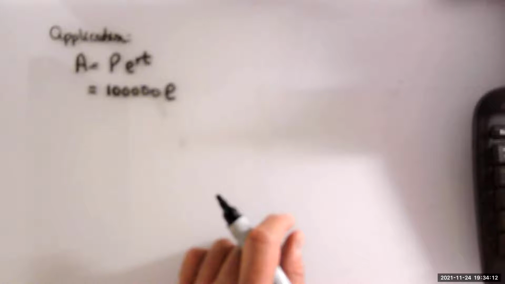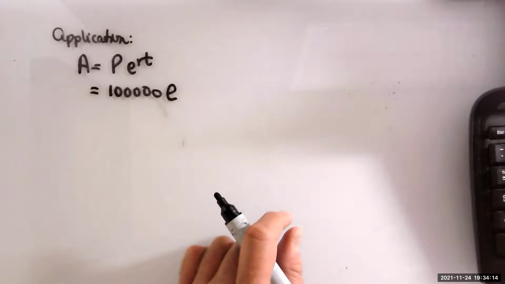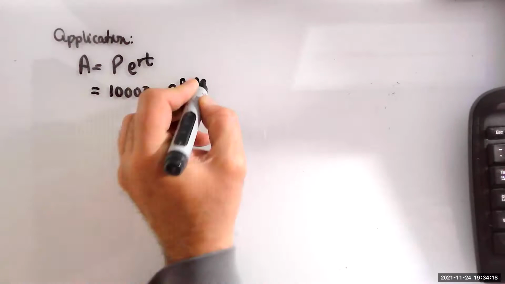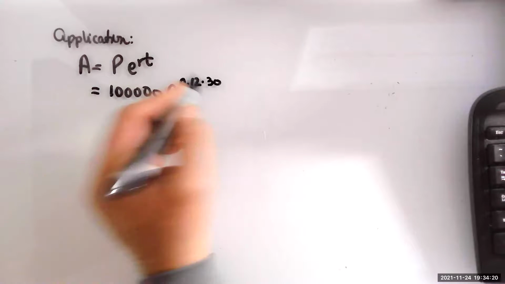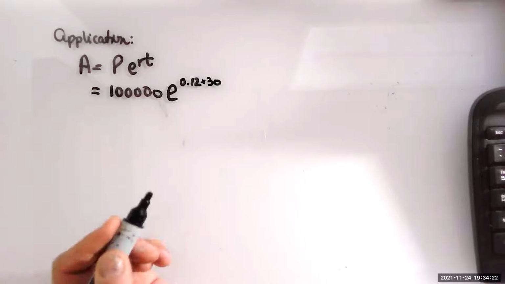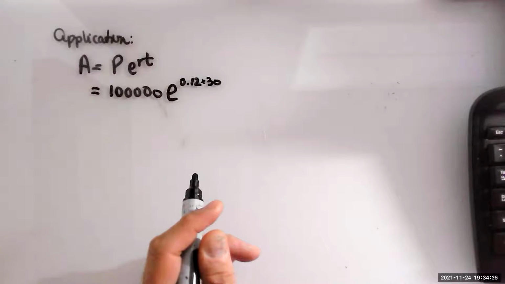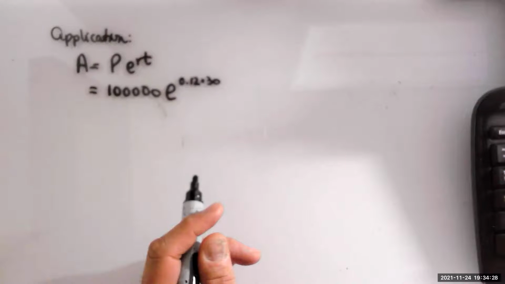The rate was 12%, so 0.12 times 30 years. We just plug it in like that. If we were to look for the calculator, just punching everything in the calculator.